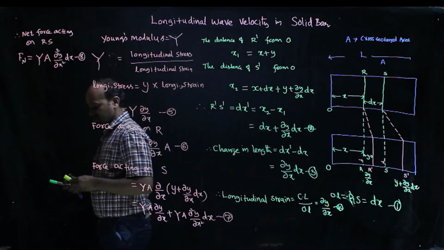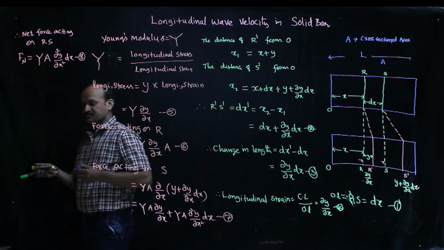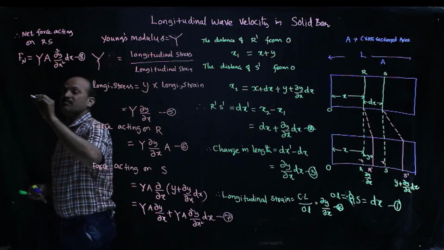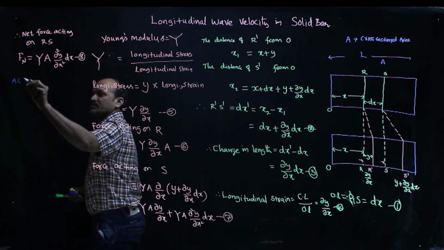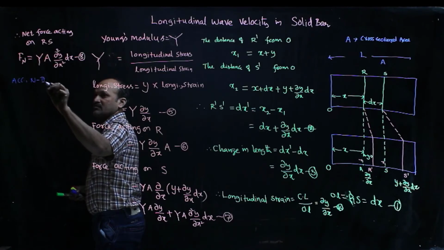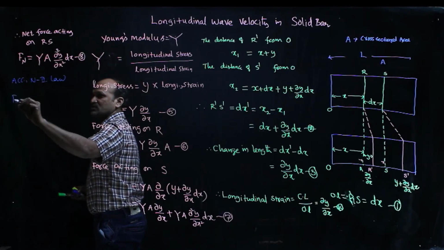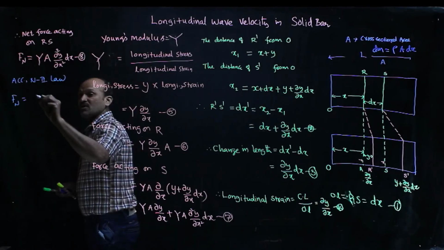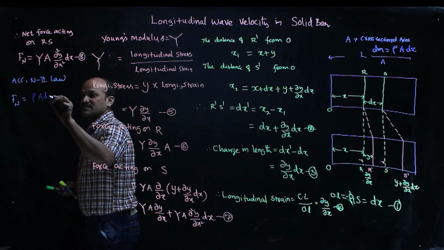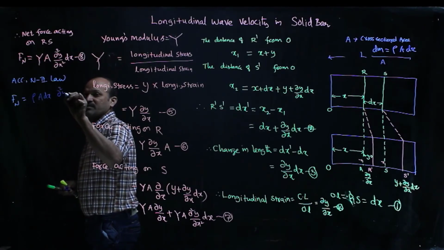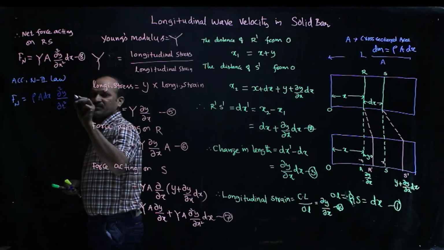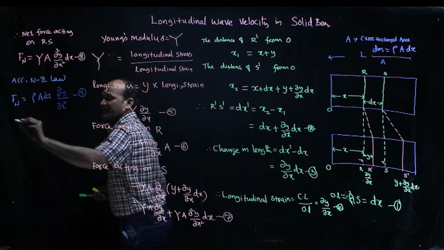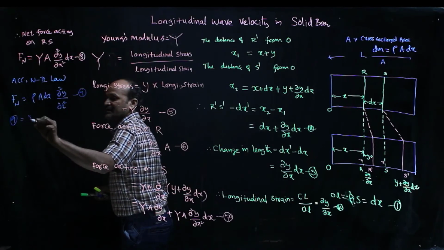So according to Newton's second law, the net force acting is mass into acceleration. Mass is rho into A into dx. Acceleration is ∂²y/∂t². This is the acceleration. Okay. So let us equate these two equations. Equating equation 9 and 8.